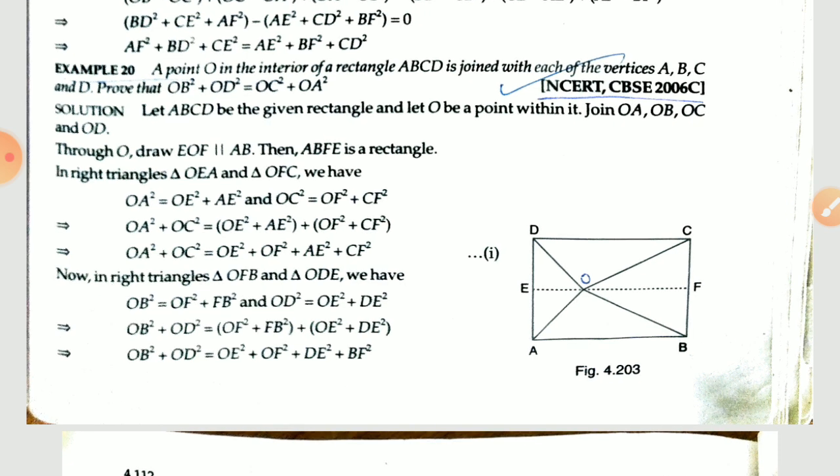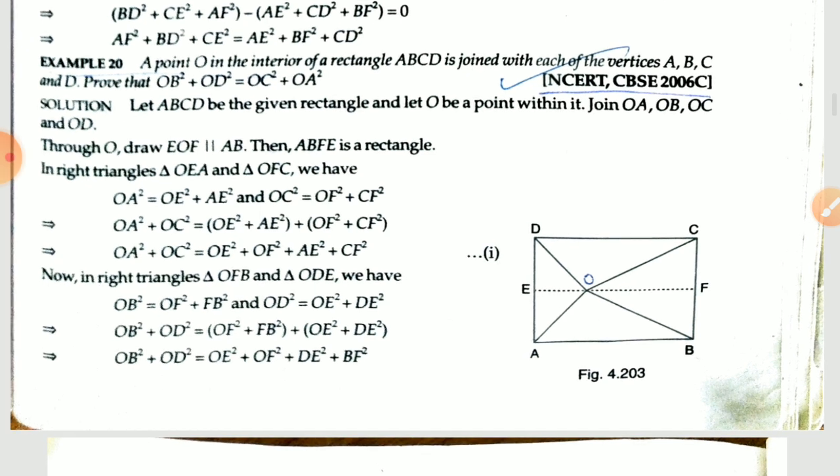The example is that a point O is in the interior of rectangle ABCD. O is joined with each of the vertices A, B, C, D. Then prove that OB square plus OD square is equal to OC square plus OA square.